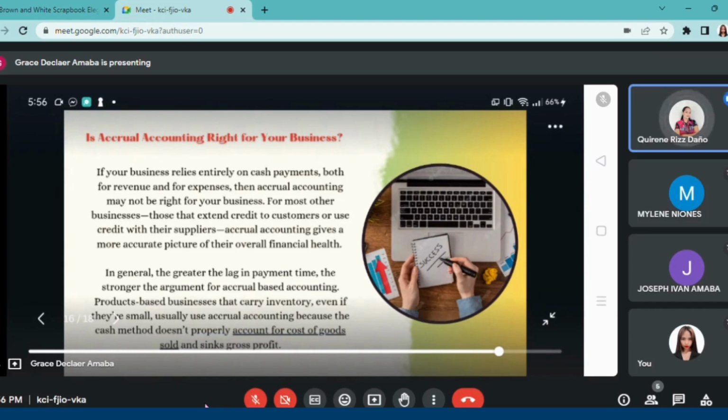Generally, accrual accounting is recommended for businesses that extend credit to customers or receive credit from suppliers, as it provides a more accurate reflection of financial performance and position. It is particularly beneficial for businesses that require comprehensive financial reporting, need to comply with regulatory standards, or seek to analyze their long-term financial stability.